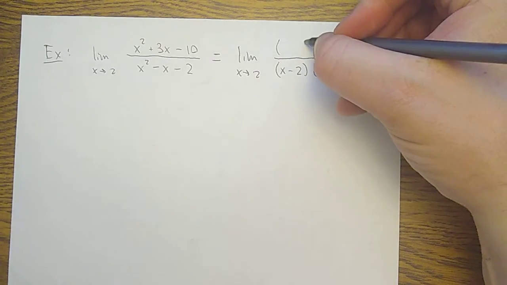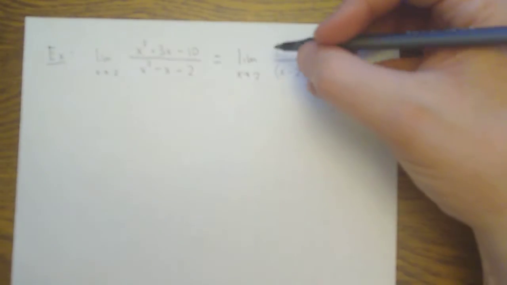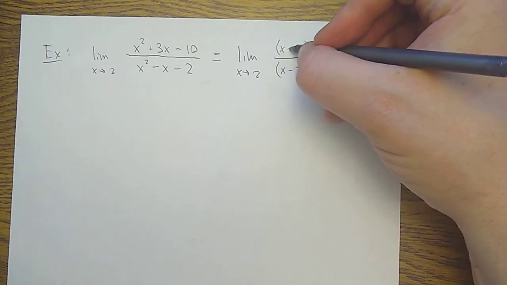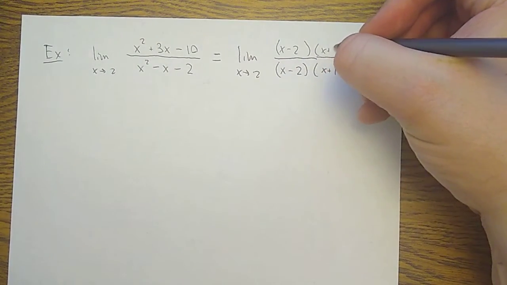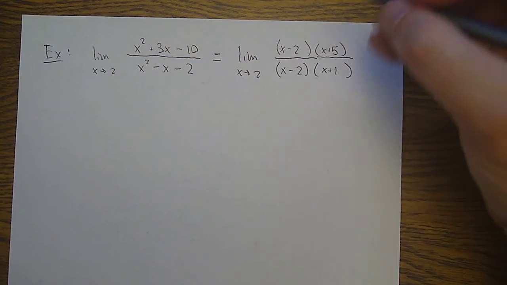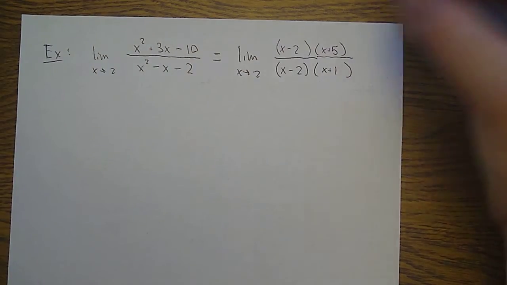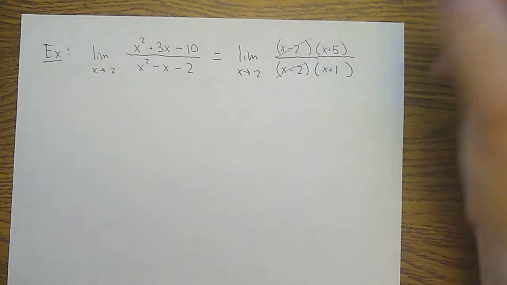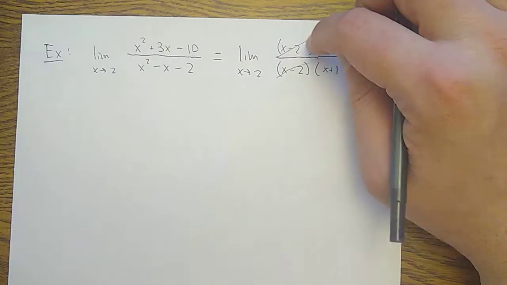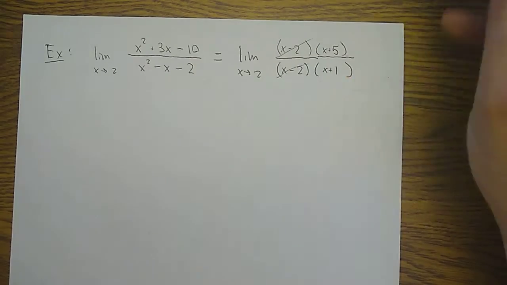So I'm hoping that I can factor the top into x minus 2 times, yeah, it looks like x minus 2 times x plus 5. There we go. And now, based on what we've discussed, I am justified just crossing these off, because as long as x is not 2, then these are both defined and I can cross them off.